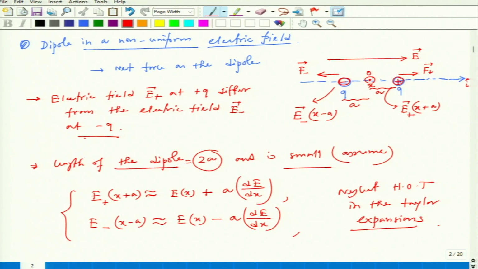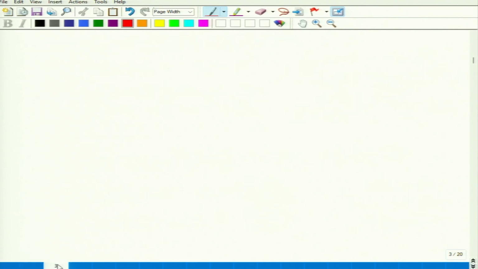So then the force on the dipole becomes, Fe. From Coulomb's law, we know that the force on a charge is basically the charge times the electric field at that point. And we use the principle of superposition.